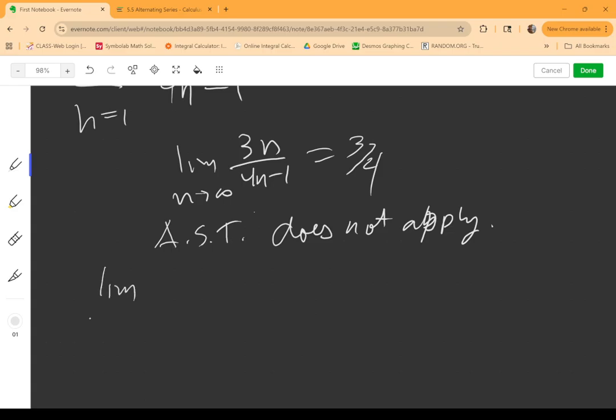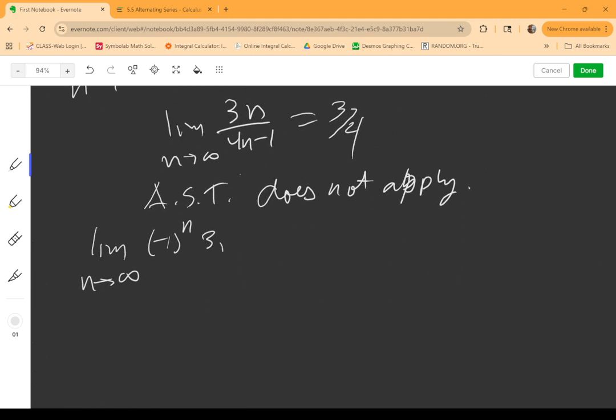Now, in general, if we take a look at 3n over 4n minus 1, the limit of this, actually, doesn't exist. This value is going to 3/4, but the -1 is going from positive to negative.